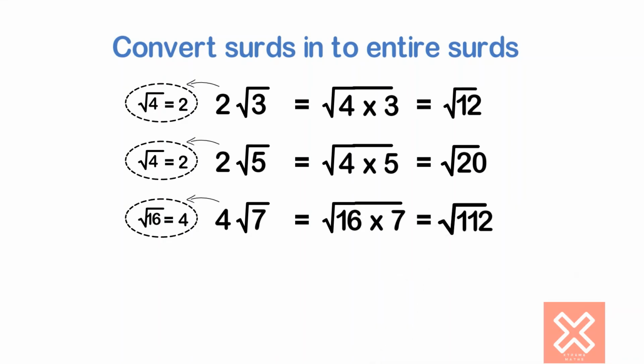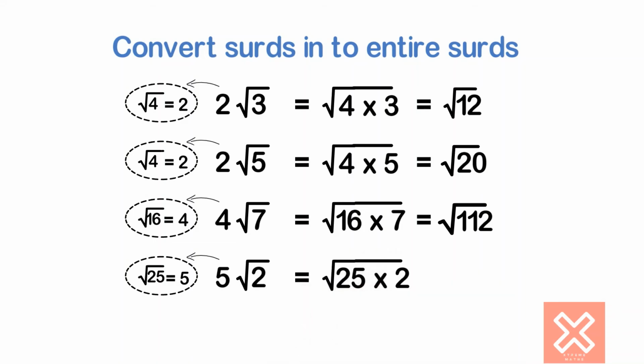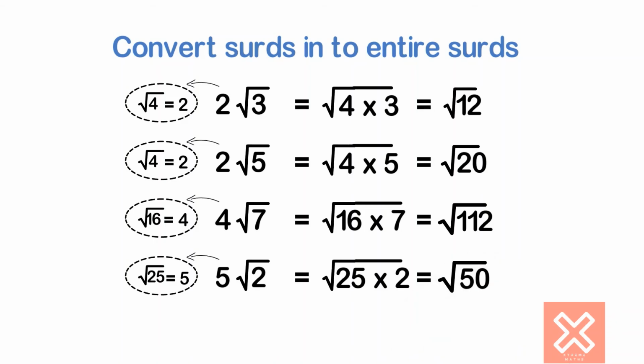Another example: 5√2. 5 is the square root of 25, so √25 times √2, 25 times 2, √50. This is the entire surd of 5√2.